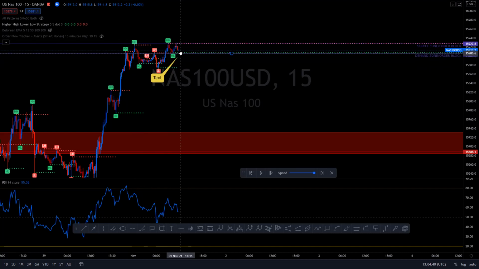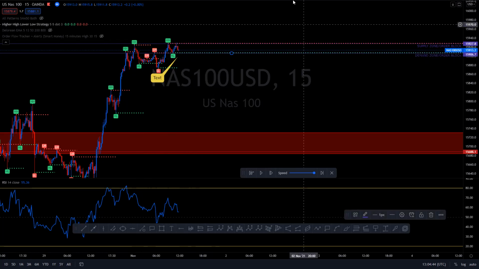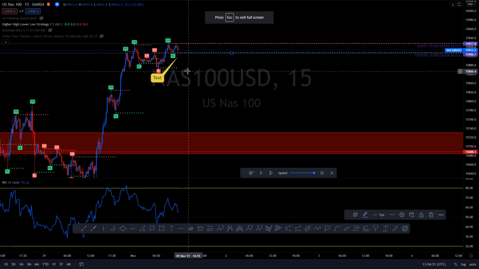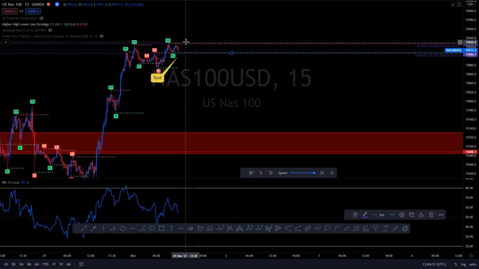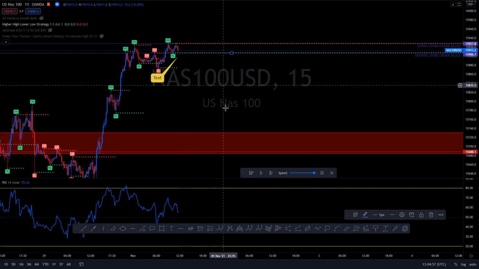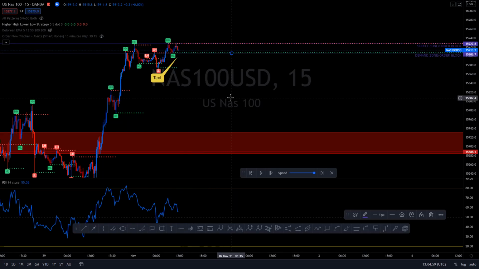I probably put it here. So that way, if price wants to break below this structure and sell, it will. If it wants to break above this and retest and goes up, then it's going to buy. So that was my mindset there.